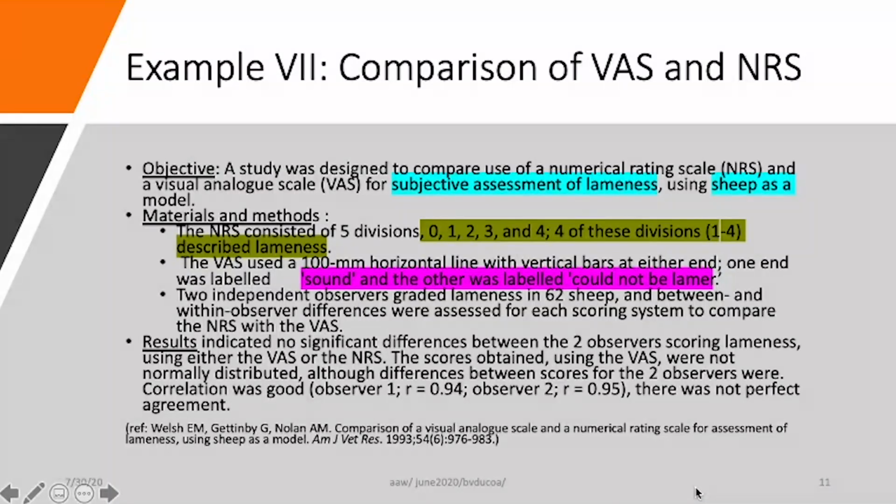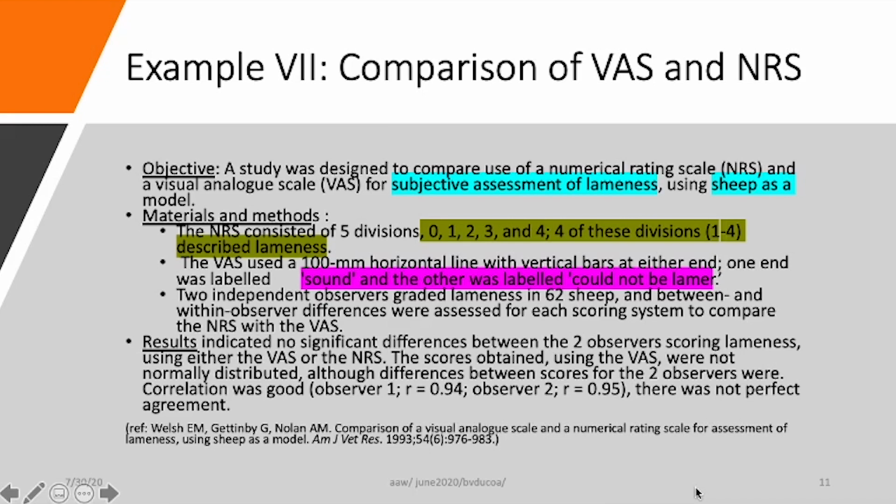Let us see how people are using these scales. A very interesting study I found when I was looking for studies made using VAS and NRS and others. This study uses grazing sheep as a model, and they are comparing which scale is better, and whether they correlate with each other or are very much different.